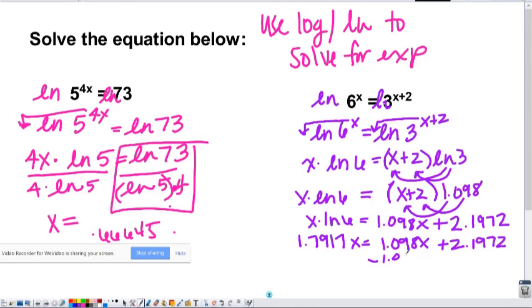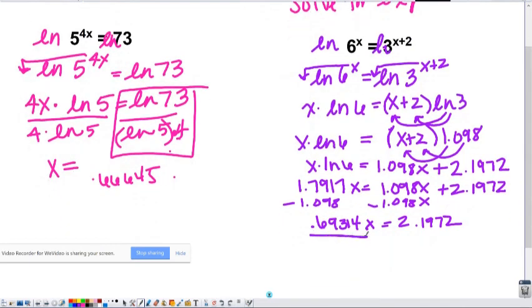So I'm going to subtract this from both sides. That was like natural log 3, right? So I'm just going to type that in my calculator. So now I have 0.69314x equals 2.1972. The last step is going to be to divide.